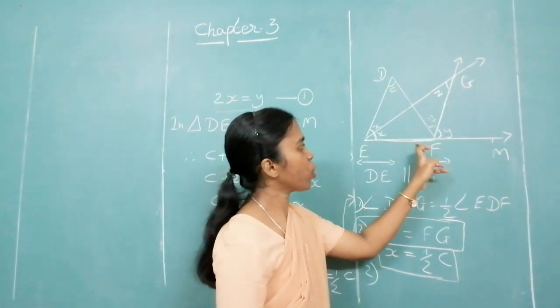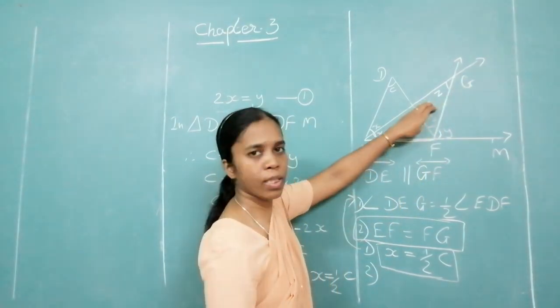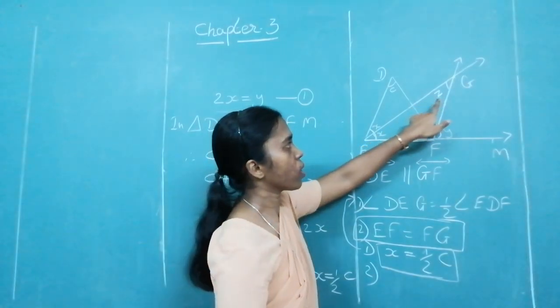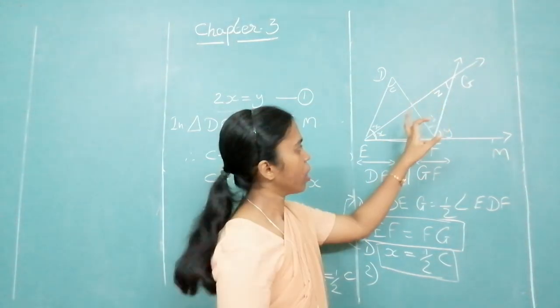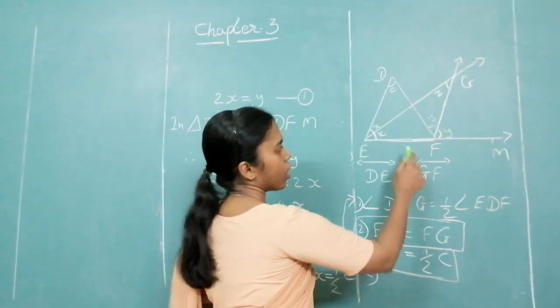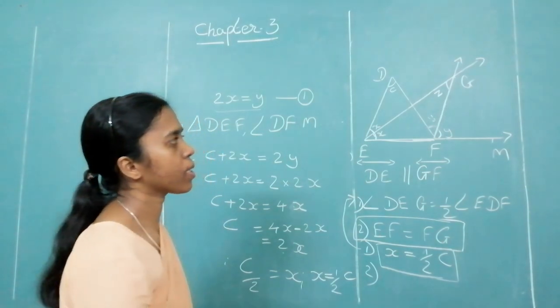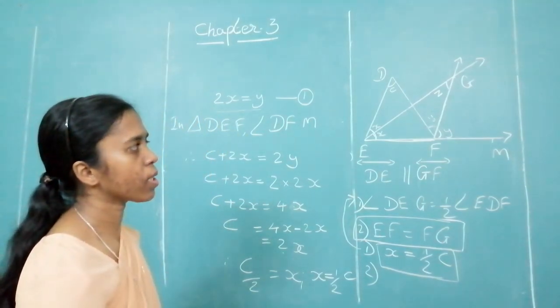In that, if I have to show these two sides are equal, it means I am showing this triangle is an isosceles triangle. So to show this triangle is an isosceles triangle, if I can show that x is equal to z, then I can say these two sides are equal. Now, how do I show that x is equal to z?